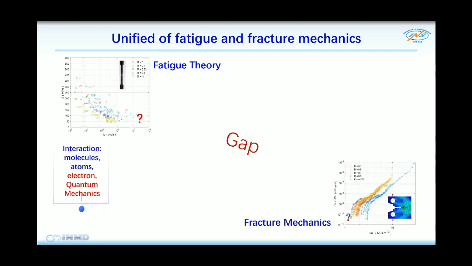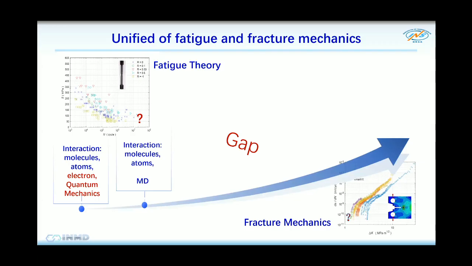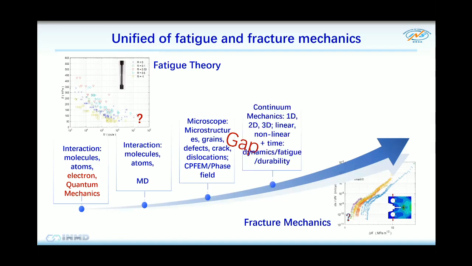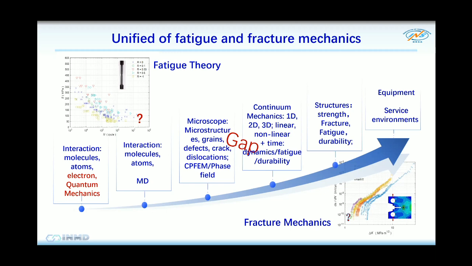So we have a goal from atomic quantum interaction to molecular dynamics study and precisely define the microstructure of a material, and to the linear and three-dimensional fatigue mechanics, and finally to the equivalent and service environment for the structure integrity. This is how we fill the gap.